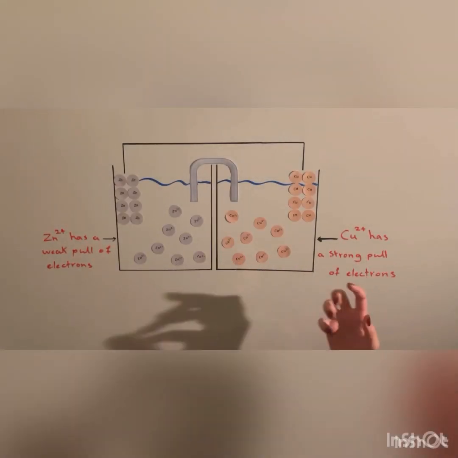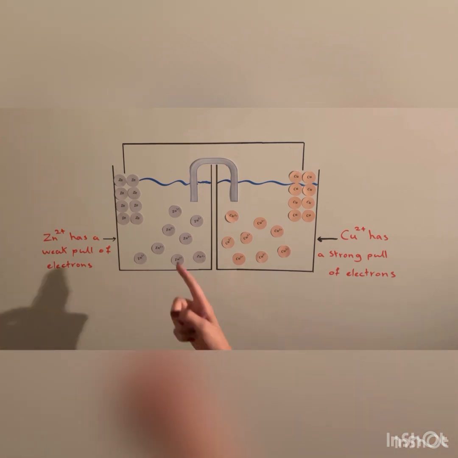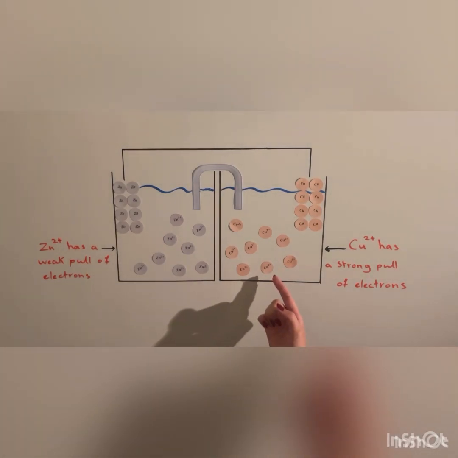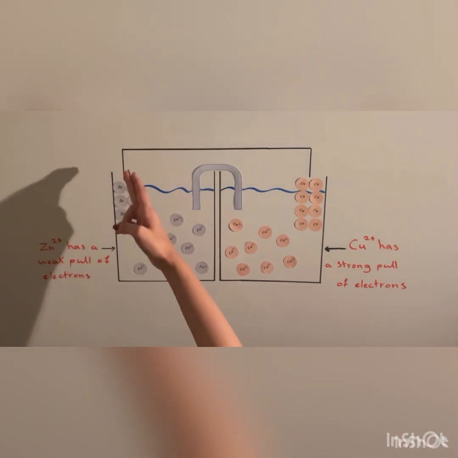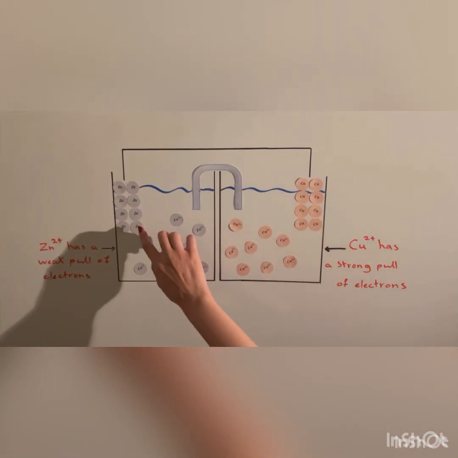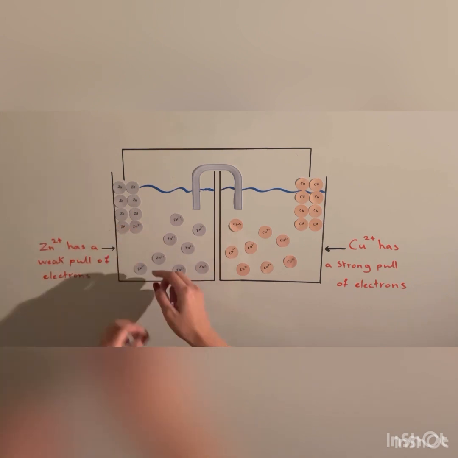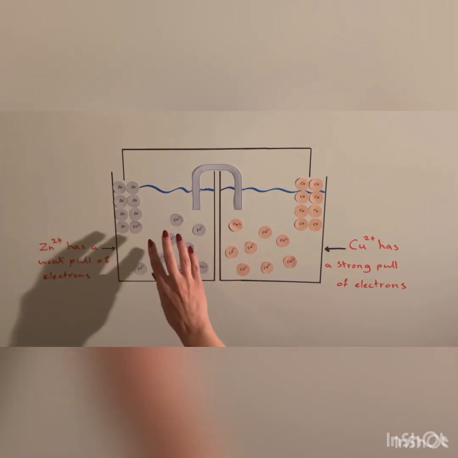Cu2+ has a strong pull on electrons, while Zn2+ has a weak pull on electrons. So what will happen here is that copper 2+ is going to take electrons from the zinc, and the zinc is going to turn into Zn2+, which has the ability to dissolve in the solution.